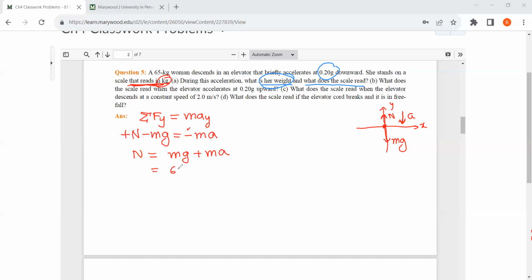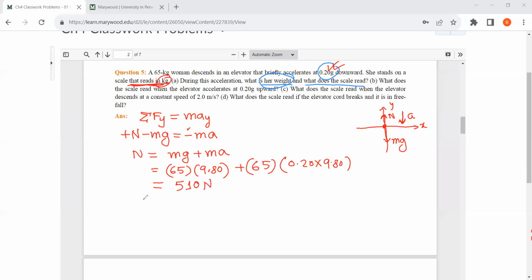Here m is 65, g is 9.80, and a is 0.20 times 9.80. If you plug all these values in correctly, you should get 510 Newton.